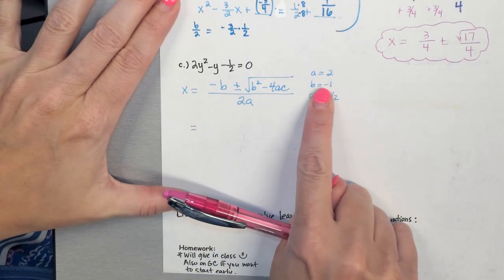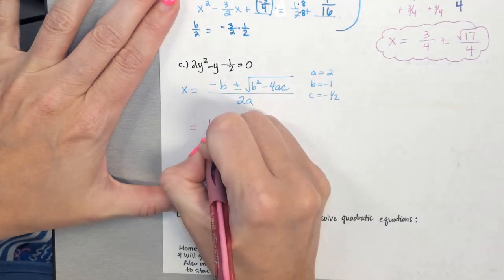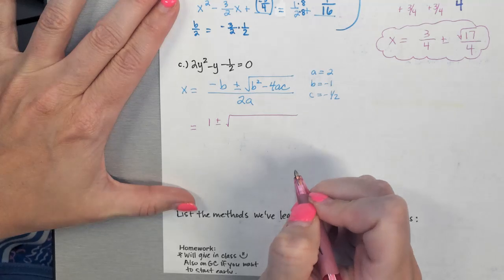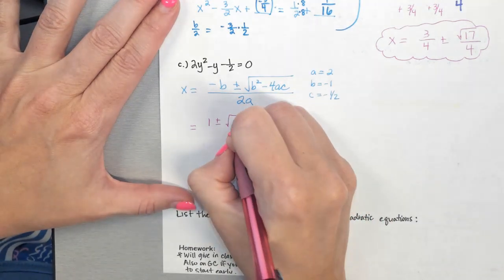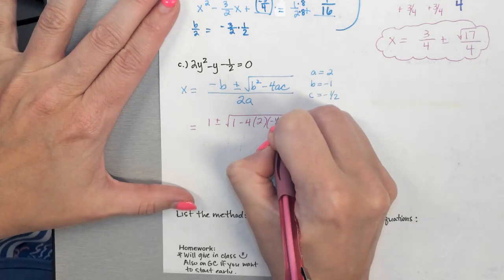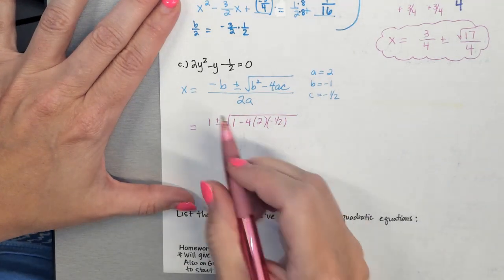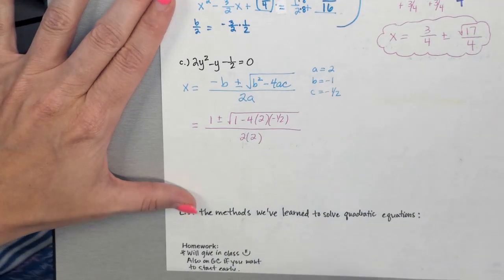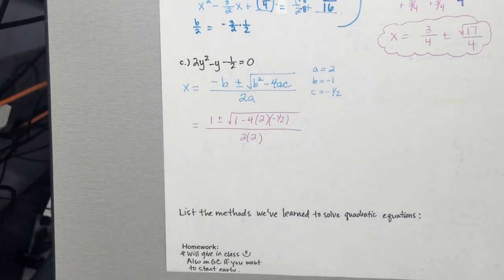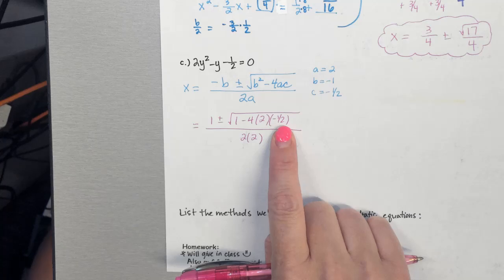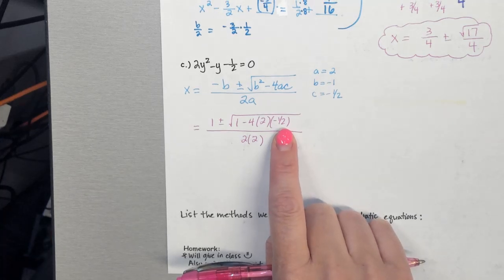I always say the opposite of b, that way if it's negative you just change it. And I like to do the b squared in my head. So 1 squared is 1 minus 4ac. I always write that out instead of trying to do it in my head to make sure I have the right signs. Because when you're multiplying, you have to remember there's always a negative here. So if this is negative, it's going to change into a positive.